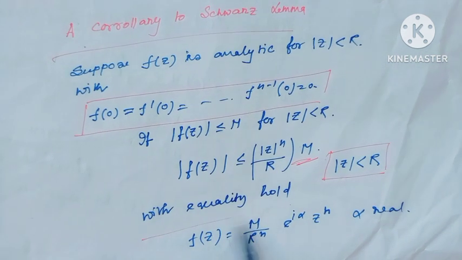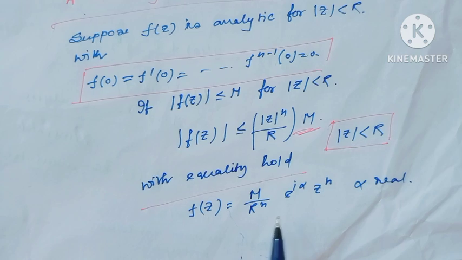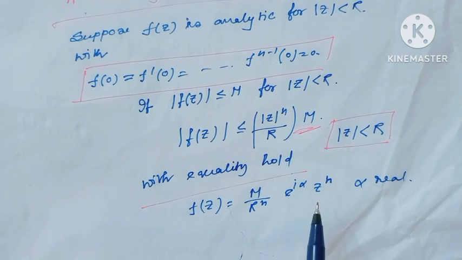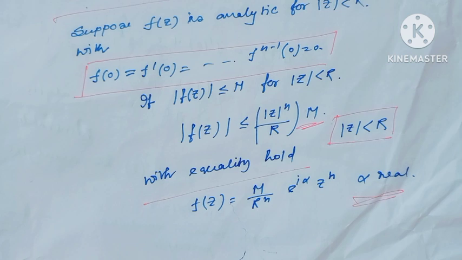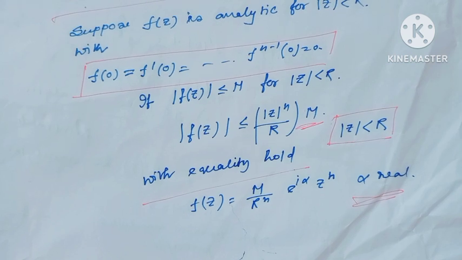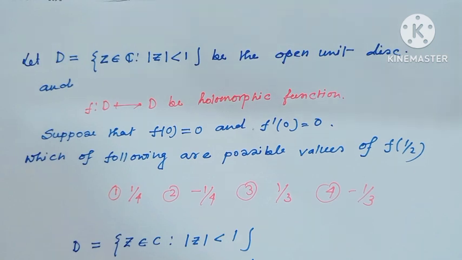If equality holds, then f(z) equals (M over r^n) e^(i alpha) z^n, where alpha is a real number. Okay. Now let's see one which had come in the CSIR NET exam.